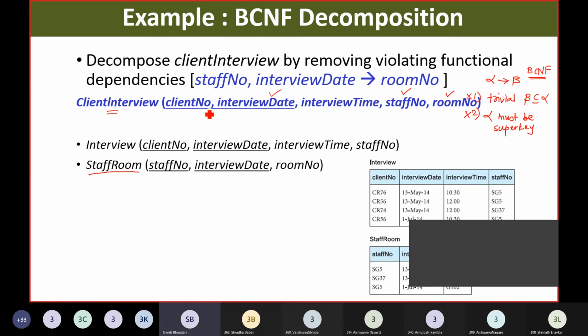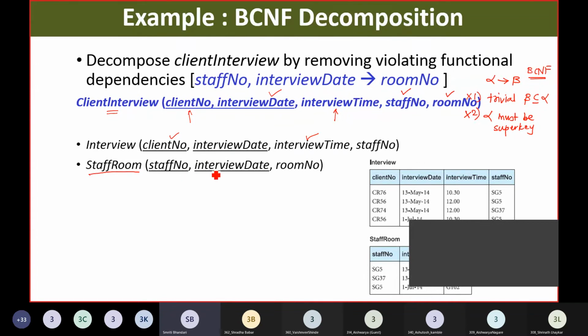Okay, now whichever attributes are remaining, for example client number and interview time, we need to come up with another relation having these remaining attributes, client number and interview time. Also, the primary key of the staff room relation should be included in my interview relation.